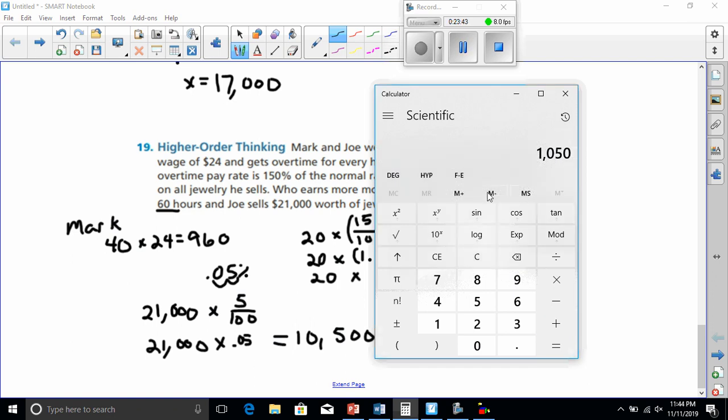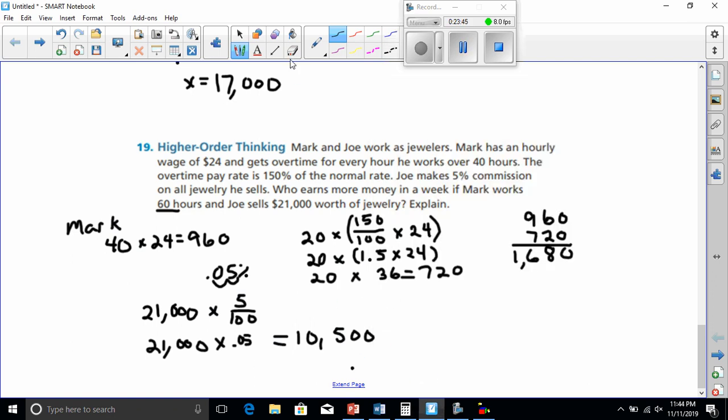And that's going to be 1,050. Okay, that sounds better. Sometimes you have to look at your answer and say, that doesn't make a lot of sense. For me, 5% of 21,000 shouldn't have been over half of it. So that told me I did something wrong, and I was able to go and recompute. So now I know that it's really 1,050.